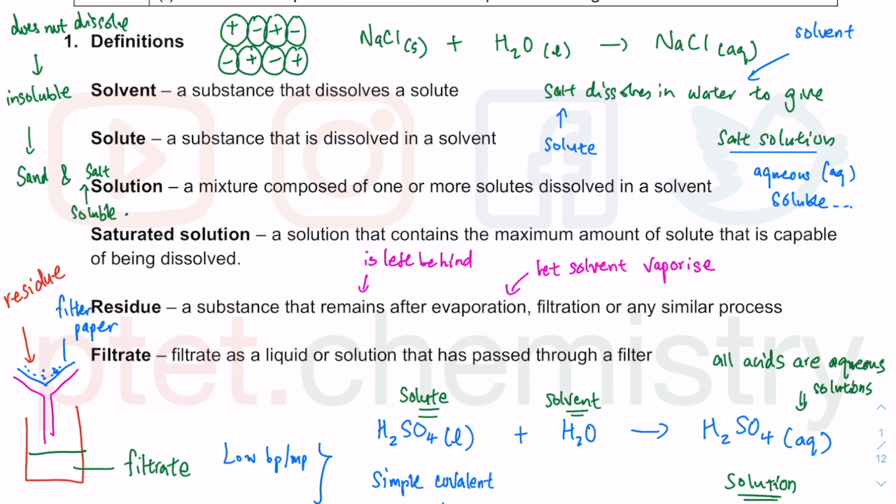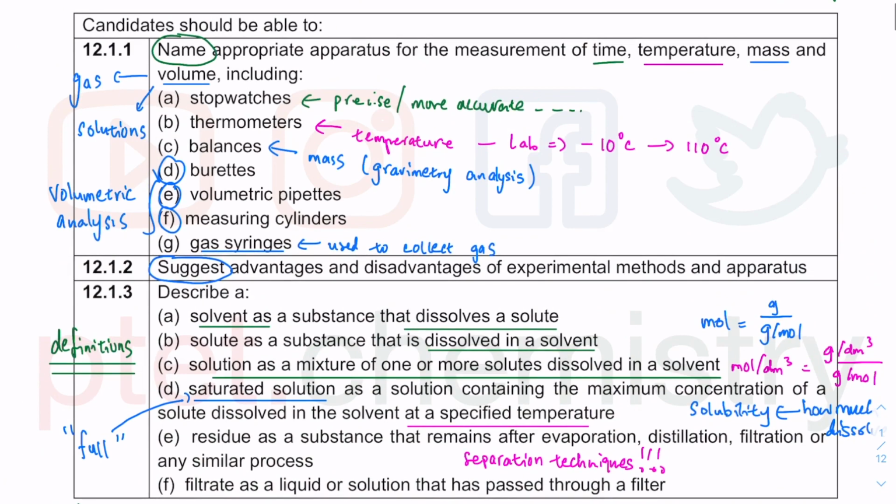Okay, so that's it really for the first part of the lesson. I hope that it's driving home the importance of all these terminologies, as well as the apparatus that you need to have a good knowledge of. If there are any of these apparatus you have never seen before, which I don't think is the case because you have done lower secondary sciences, and all of these are quantities that we have done in physics as well.